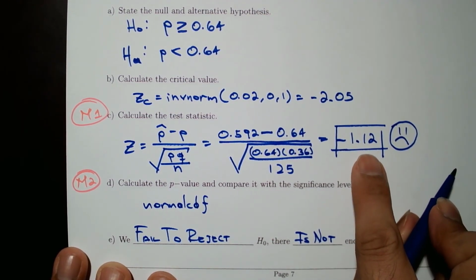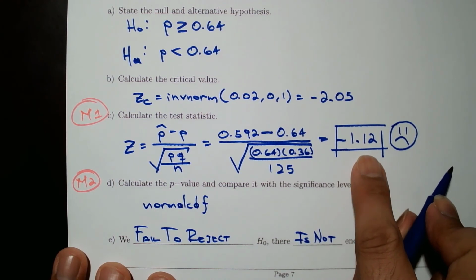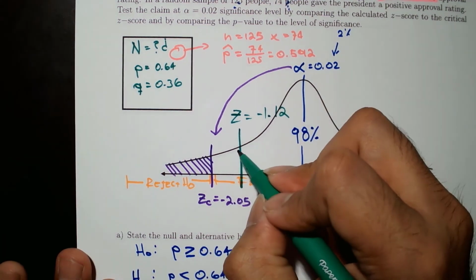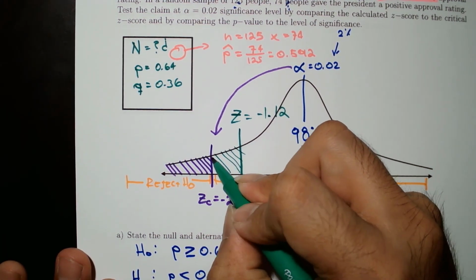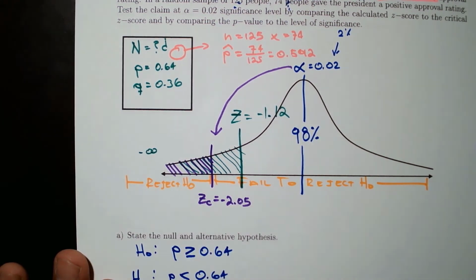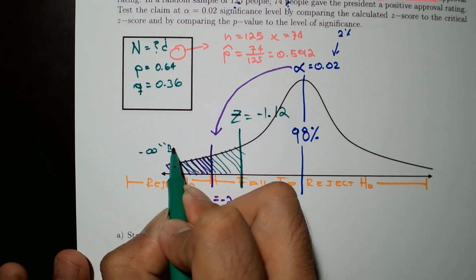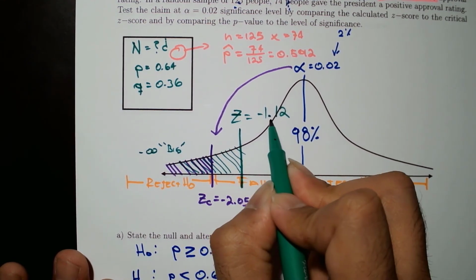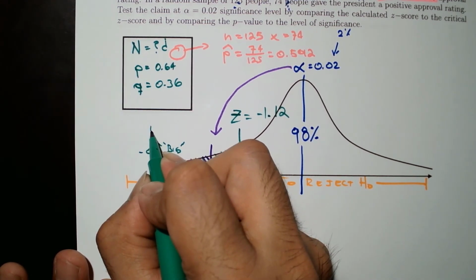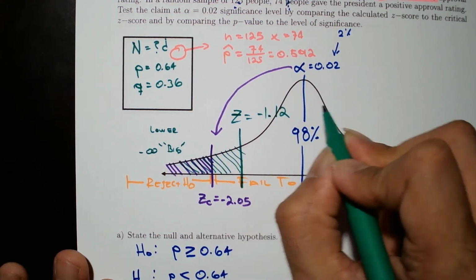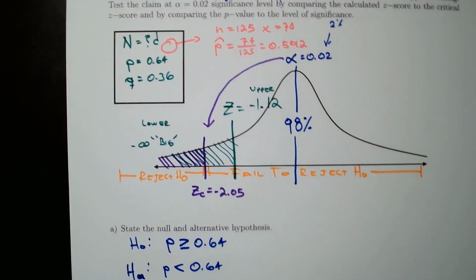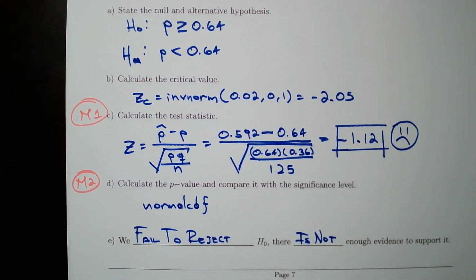Be careful, because we are going to find the area under the curve, essentially from negative infinity, or negative big, to negative 1.12. So in other words, this is our lower and this is our upper. All right, so let's see.